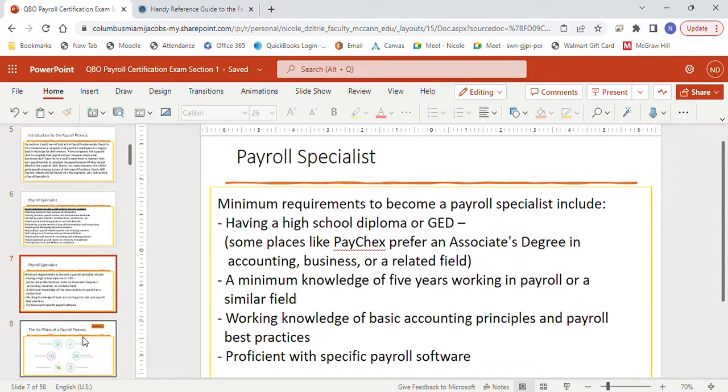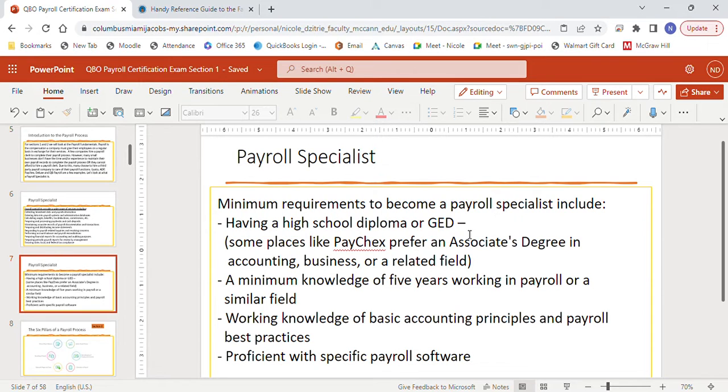Minimum requirement to be a payroll specialist includes, to some degree, just a high school diploma or GED, I would say, if you work for a private company. But if you want to work for one of the larger firms like Paychex, they prefer at least an associate's degree in accounting, business, or related fields. But initially, and I think that's something that's happened in the last 5 to 10 years, a couple of years back, it was simply having a high school diploma or GED.